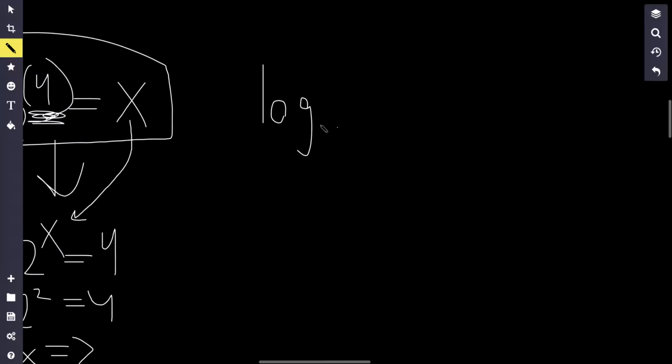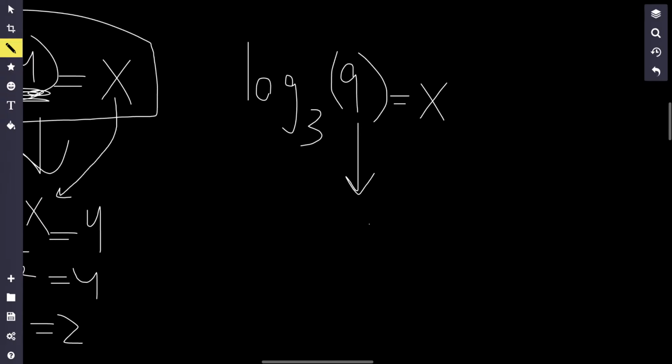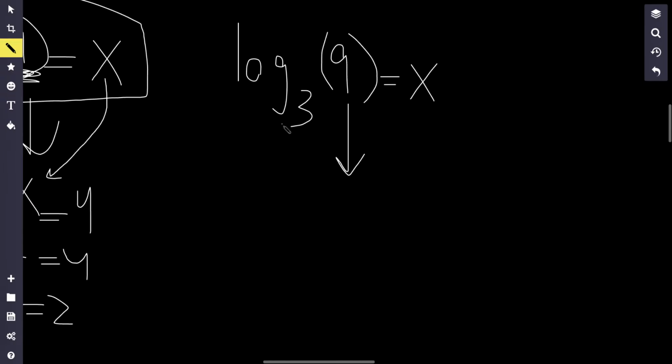Let's say we have log base 3 of 9, and this is going to be equal to some value, x. How do we solve this? We can rewrite this into an exponential equation. The base of our logarithm, which is the number beneath the log symbol, becomes the base of our exponent.